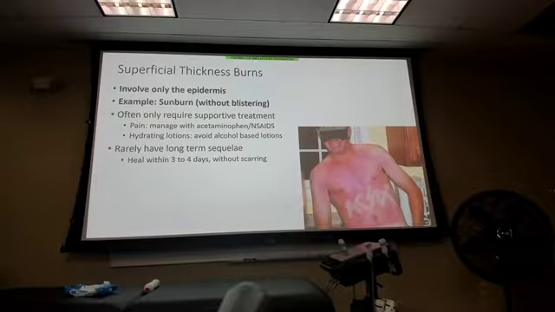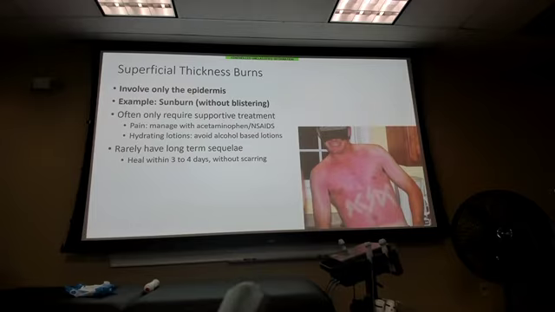Okay. All right. Going into sunburns, okay? Without blistering. That is the key thing. Once you have blistering, now you're into superficial deep, or superficial partial, okay?